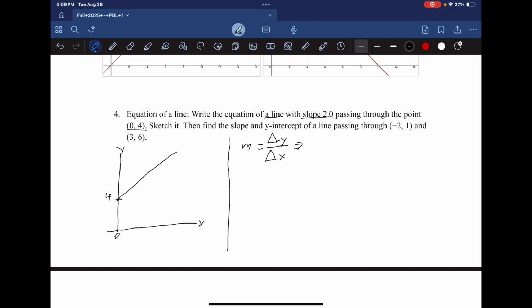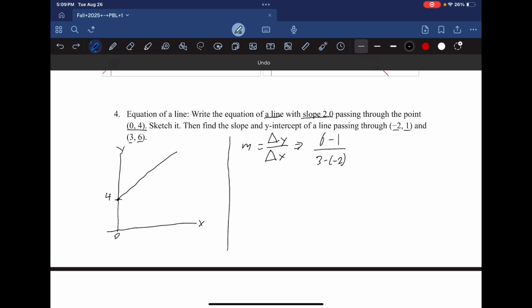So in the case of -2, 1 and 3, 6, the bigger y is 6, the smaller y is 1. So we have 6 minus 1. And then the bigger x is 3, and the smaller x is -2. So we have 3 minus a -2. It's important to also realize that you have to pick one and stick with it.